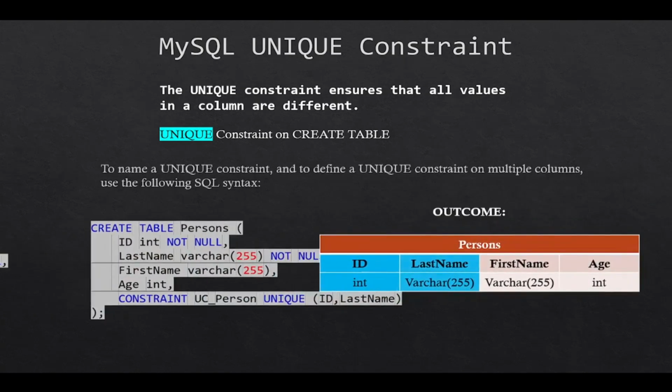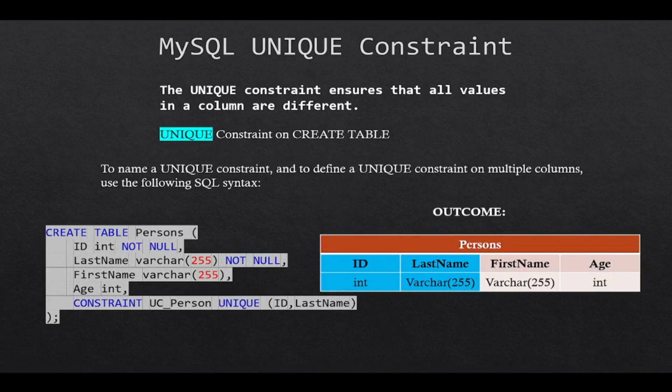And we have here another example: to name a unique constraint and to define a unique constraint on multiple columns, you can use the following SQL syntax. Again, the code creates a table named person with four columns: ID, last name, first name, and age.